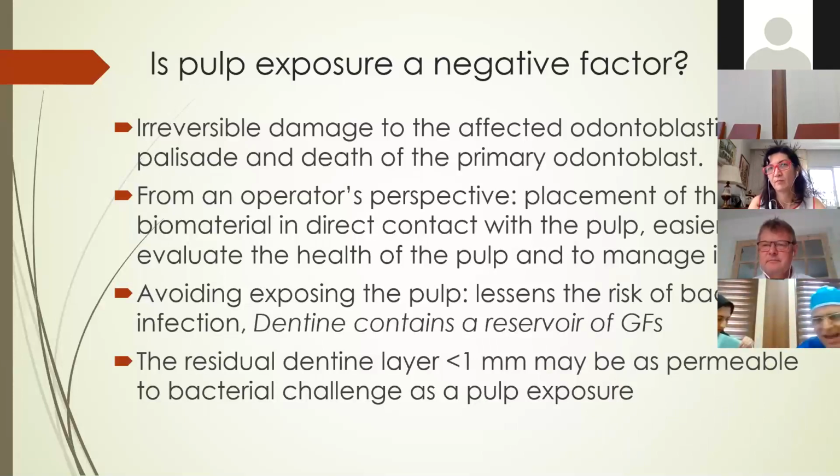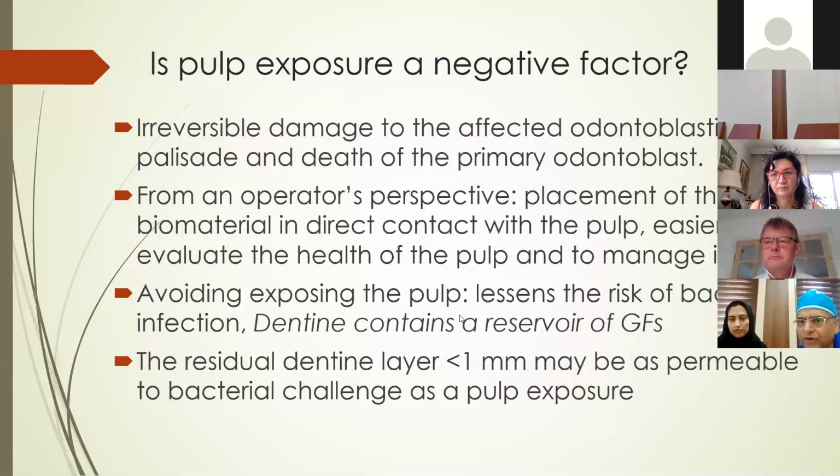Can you hear me right now, Professor? Yes, okay, sorry about that. My question is about the residual dentin. In the last part, you mentioned that a residual dentin layer less than 1 millimeter may be as permeable to bacterial challenges as a pulp exposure.